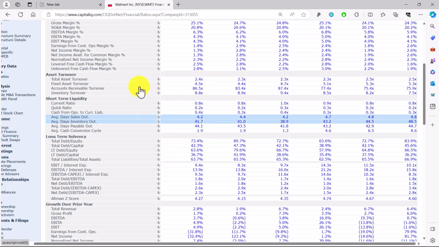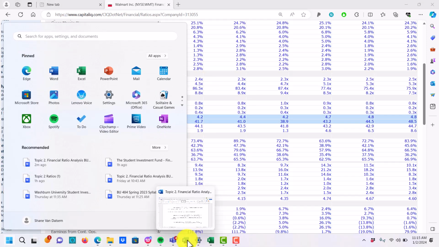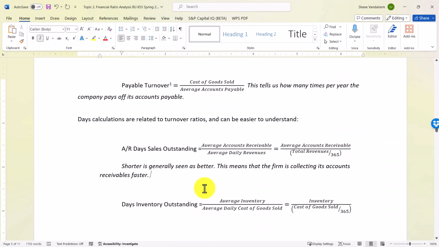Okay. The next one, and I'll just go switch back and forth between the notes here. Days inventory outstanding. This is more meaningful for Walmart because this is actually pretty important for a company like Walmart. They don't want inventory sitting out there too long. If you think of the grocery side of Walmart, a lot of those groceries are perishable. They have best by dates.